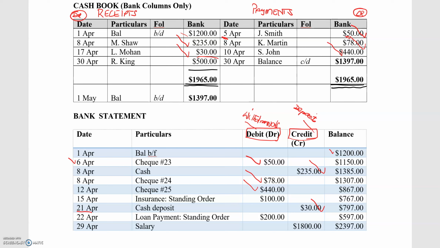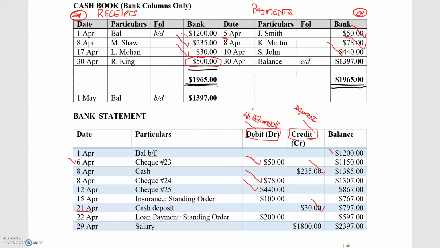So this is not reflected in our bank statement. So we are finished with the cash book and we realize that there is one item in the cash book, a debit entry, a receipt of $500, which is not anywhere on the bank statement. It does not yet appear on the bank statement.